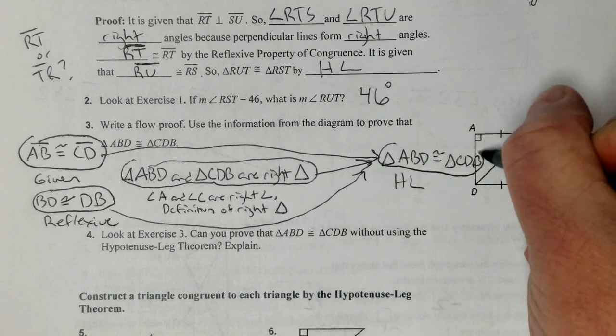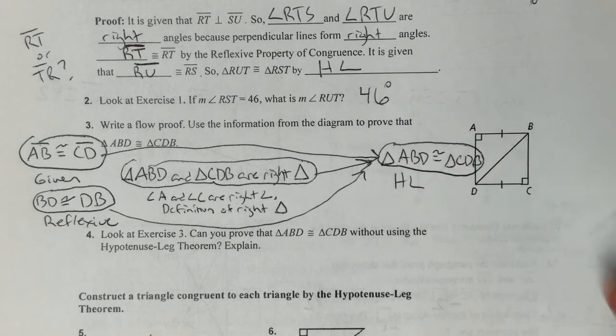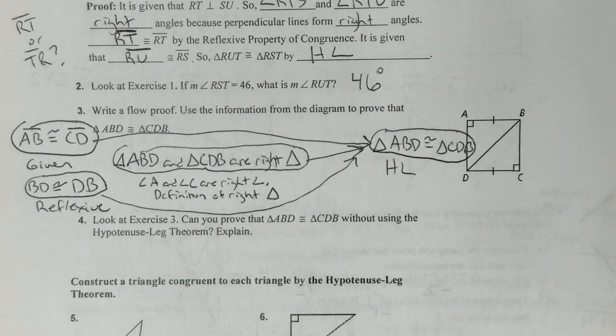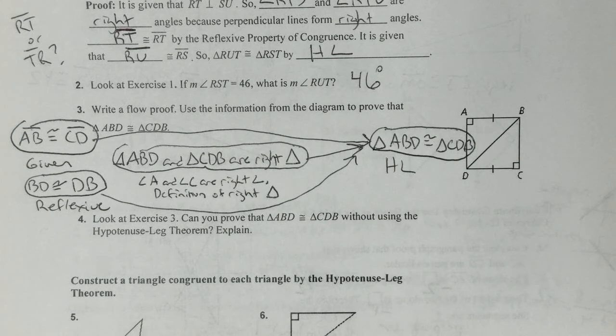So again, you circle your statement and then you have your reason underneath. So that's what you need for number 3. Any questions?